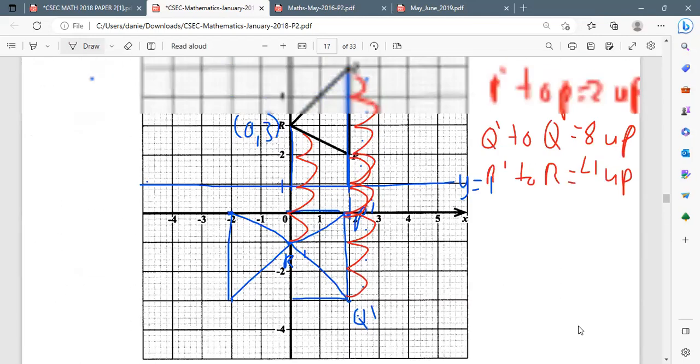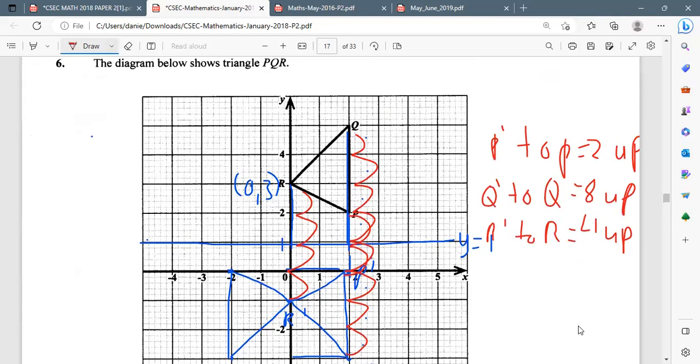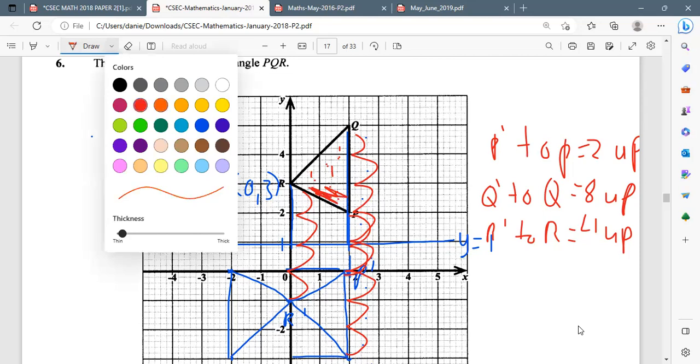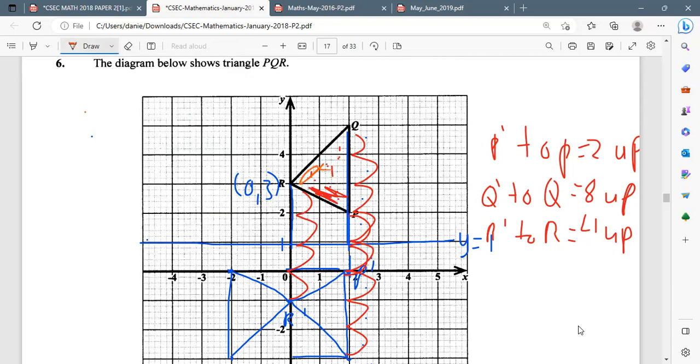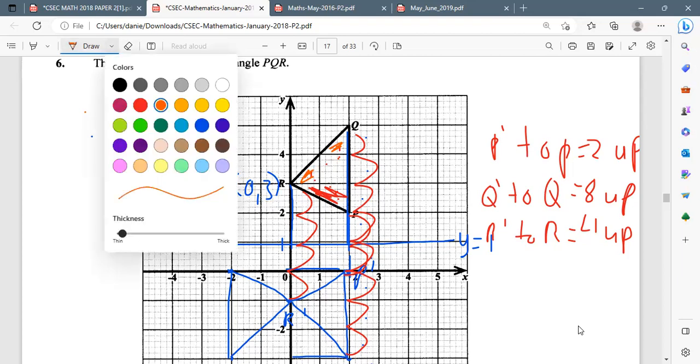If I go back to the original shape, which is PQR here, let's see. There's 1 block here, and there's like 1 block. So like 3 blocks. This is 1. This is 2, that half and half will make 2. And this one will make 3.